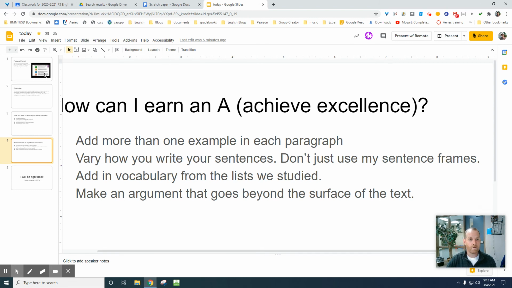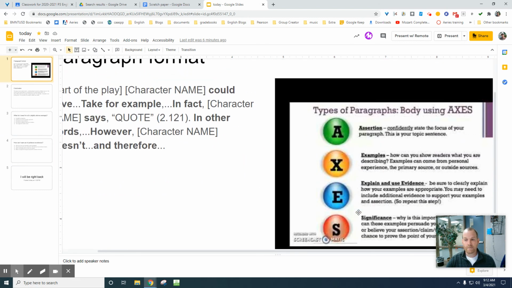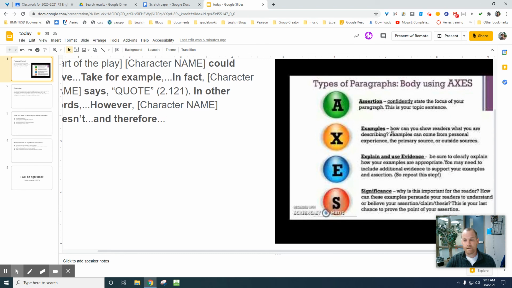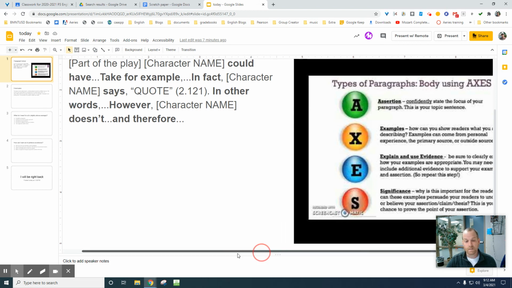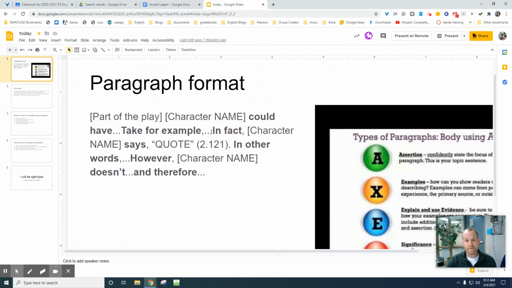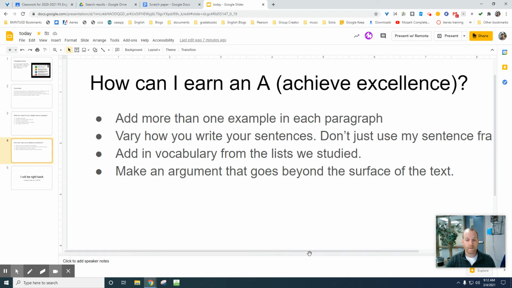So if I look back here, an AXES paragraph doesn't say, hey, you have to start with these sentences. It just says your paragraph has to have these 4 parts. I've given you some sentences to help guide you, but there are other ways to do the same thing, right? There's other ways to give an example. There's other ways you could start a sentence that has a quote. So if you want to be excellent, think of some of those ways.